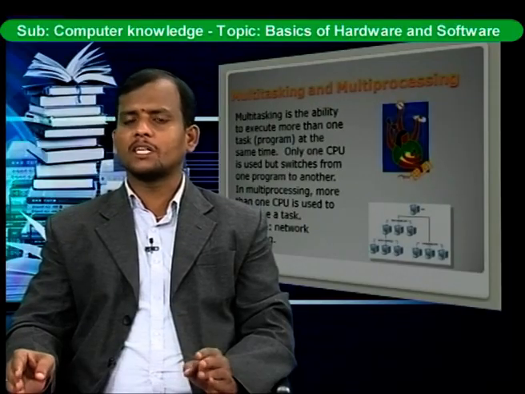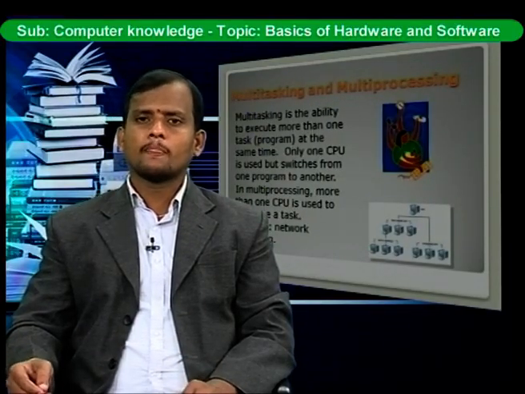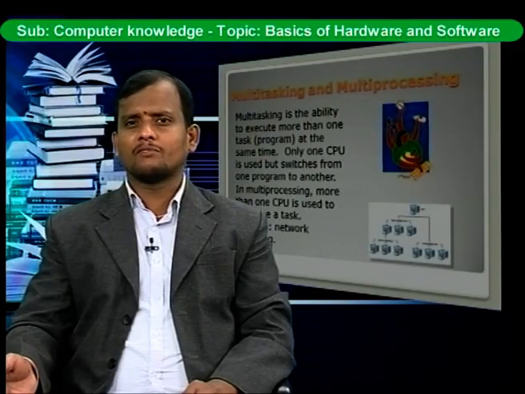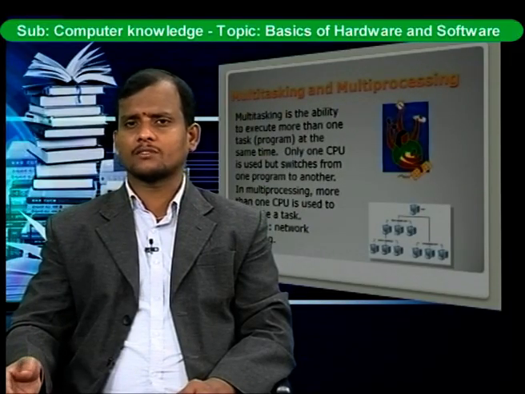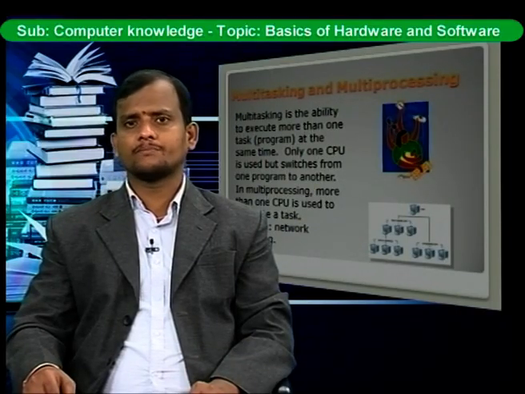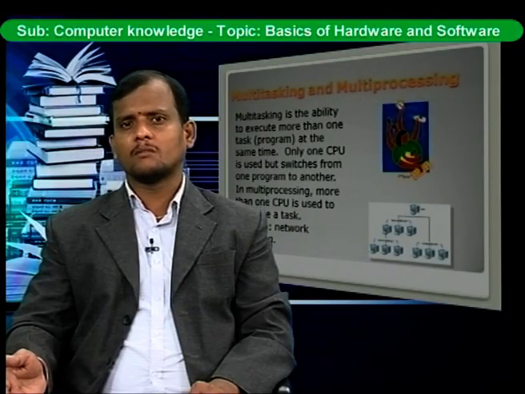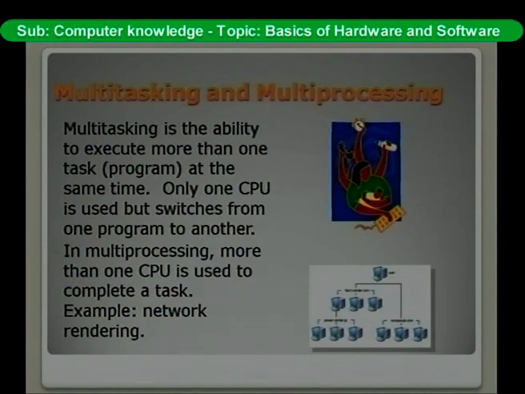So the major difference between multitasking and multiprocessing. Usually there might be confusion about what is multitasking and what is multiprocessing. Generally, competitive exams may ask this. Multitasking: one CPU, multiple instructions. That is the only difference. And multiprocessing: multiple CPUs, one instruction.